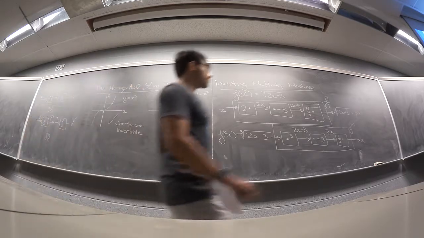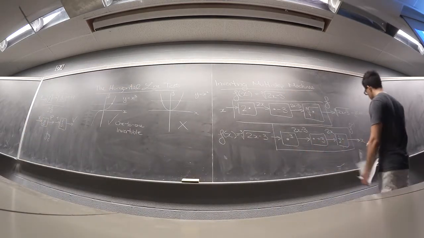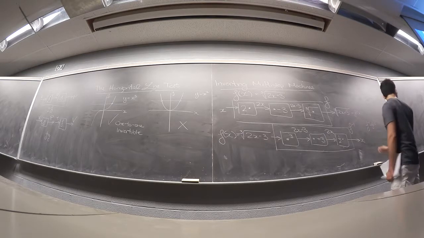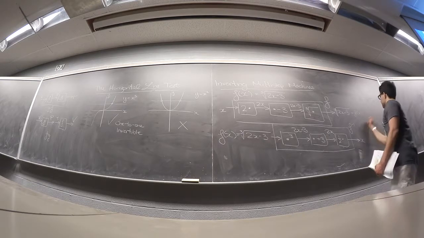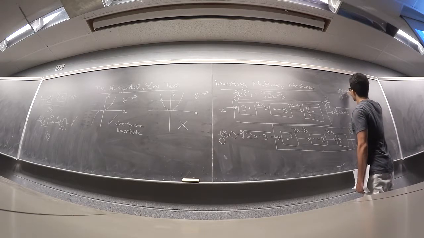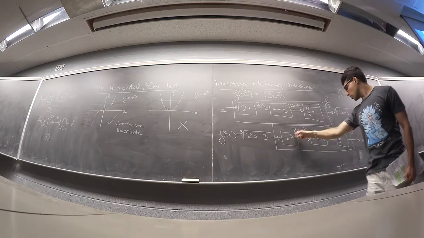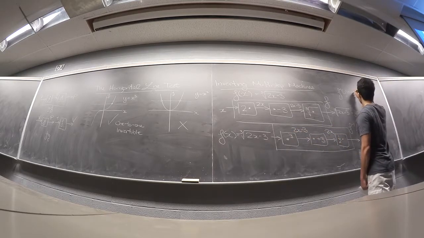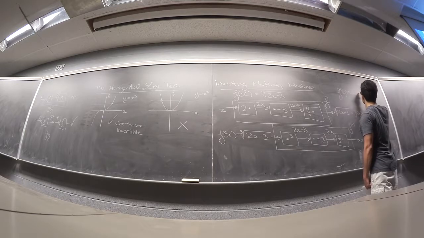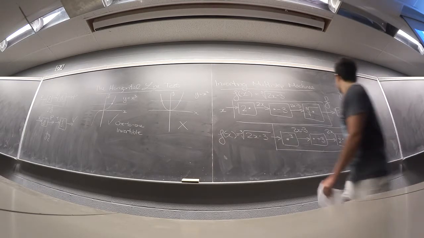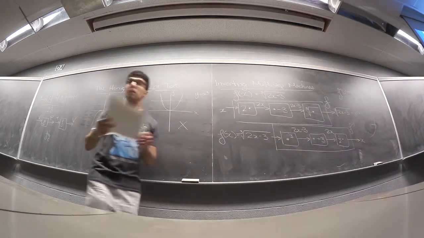So f inverse of y is equal to, right up here, y cubed plus 3, all divided by 2. Does that make sense?